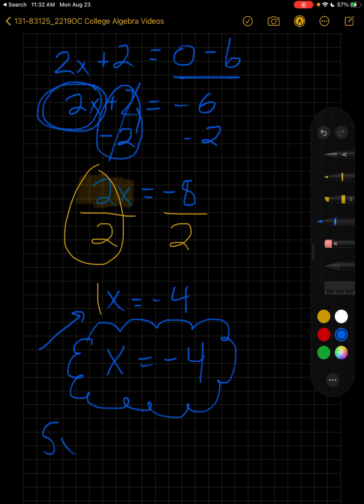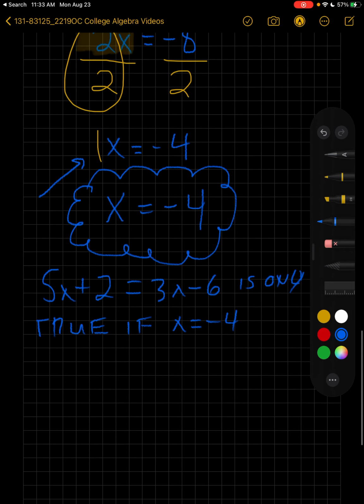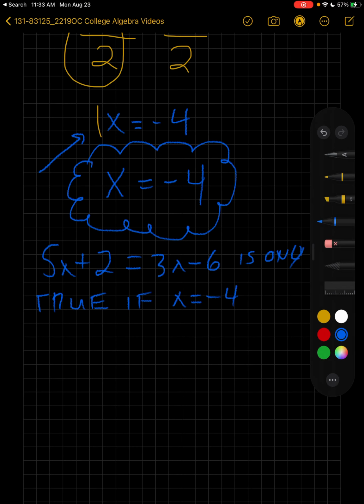So 5x plus 2 equals 3x minus 6 is only true if x is equal to negative 4. That's what makes this conditional.